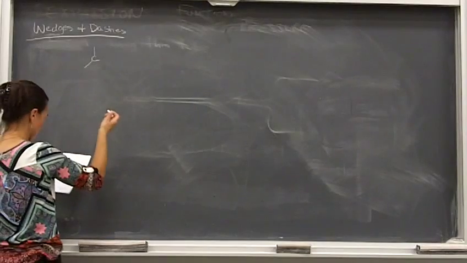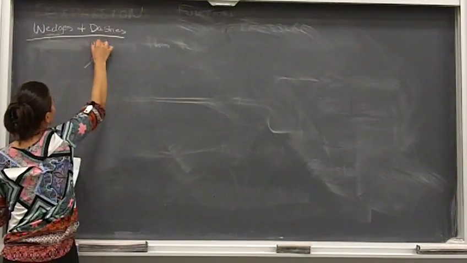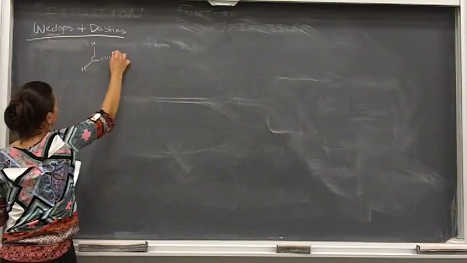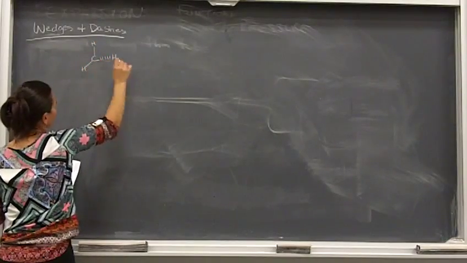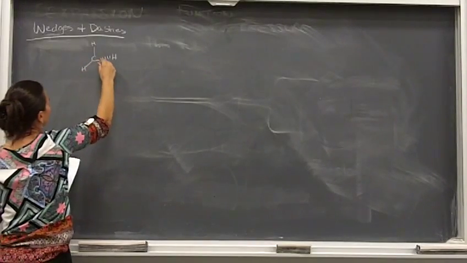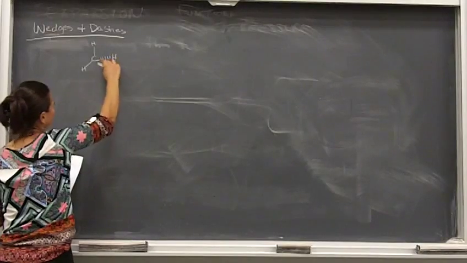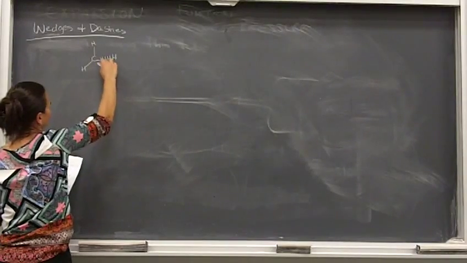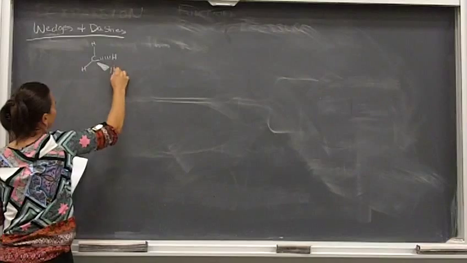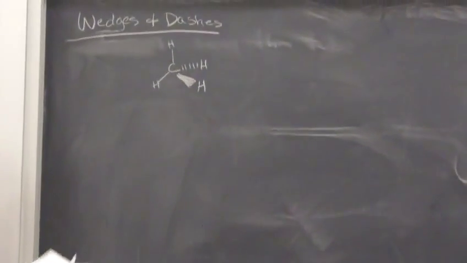So the way we show dimension with it is then to use dashes, hydrogen, hydrogen, hydrogen. Dashes means it's going back into the board. Wedges means it's coming out at you, okay? So those would be the wedges and dashes that we would use for methane.